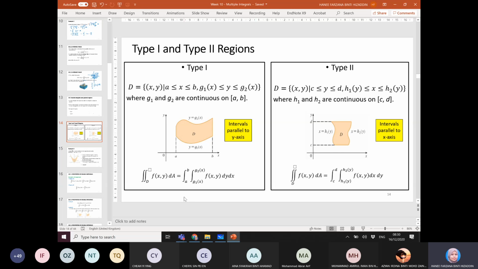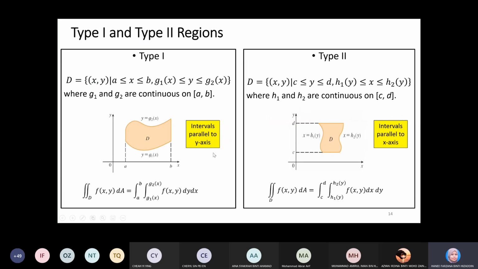So for type 1 and type 2 regions, if you were to do the double integral for each respective region, you would want to put the integral that has functions as limits inside, and then the integral that only has numbers outside, because you don't want to end up with a function at the end of the integration.